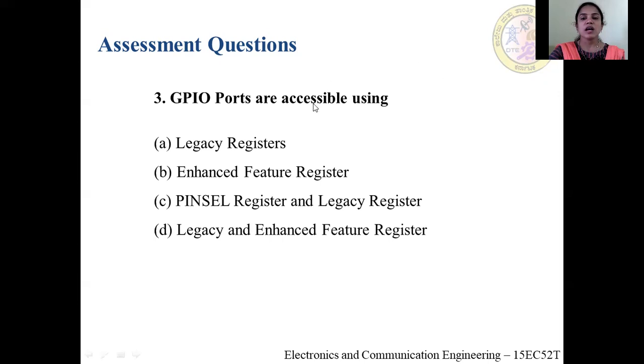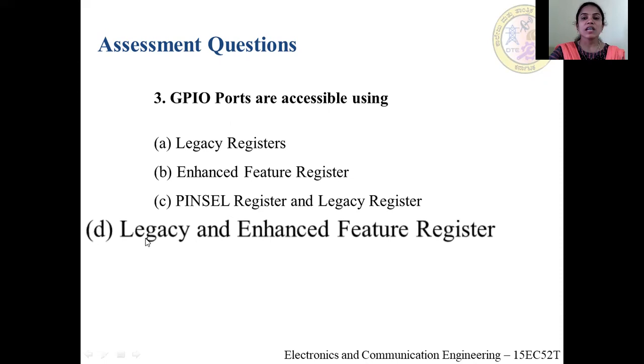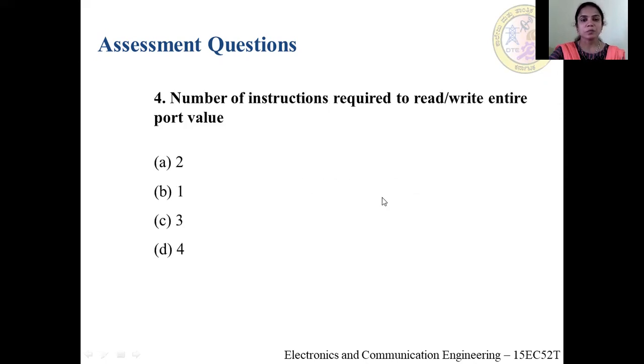GPIO ports are accessible using which type of registers? Legacy registers, enhanced feature registers, pin select registers, or legacy and enhanced feature registers. What is the correct answer? That is D. We can access both GPIO ports, port 0 and port 1, by legacy and enhanced feature registers. Next, the number of instructions required to read or write the entire port value.